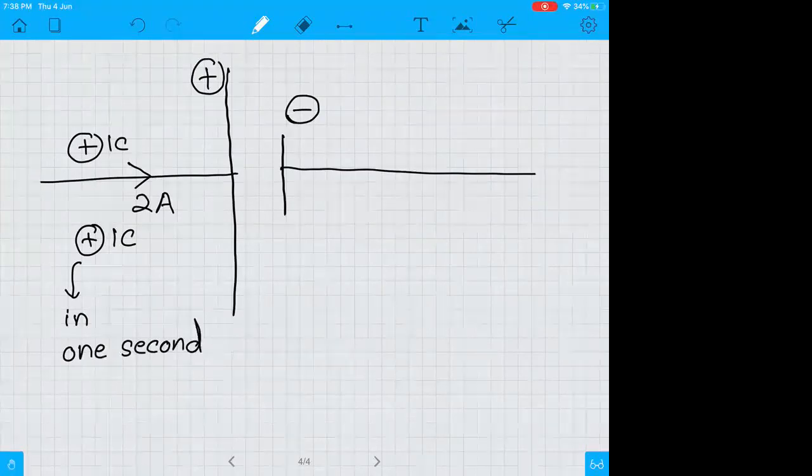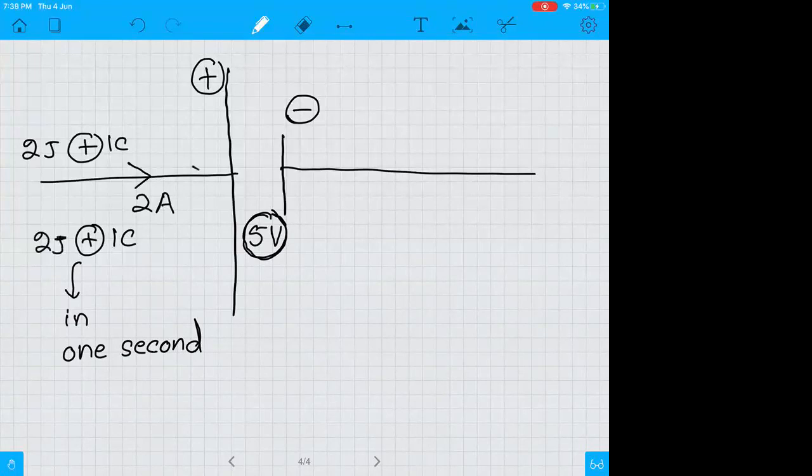And let's suppose this is a cell of 5 volts. What this means is this cell can exchange 5 joules of energy with every coulomb of charge passing through it. Every 1 coulomb has, let's suppose here, 2 joules of energy.